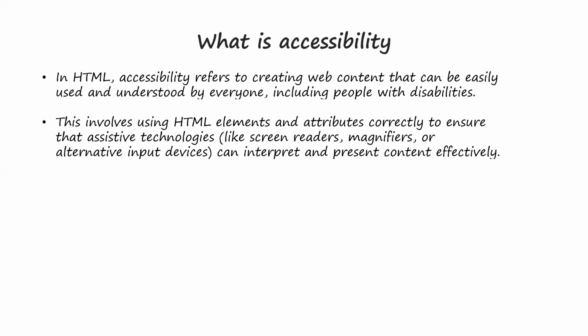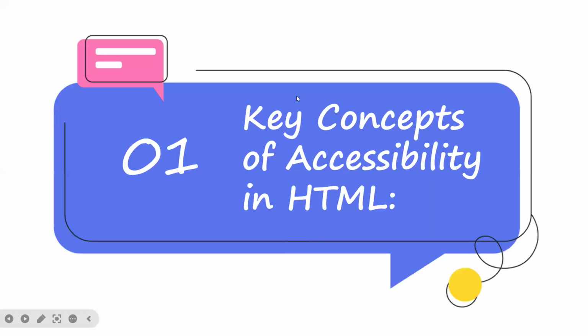So when you have these technologies being able to read and use your application, that means you're paying attention to accessibility. All right. So what are the key concepts of accessibility in HTML?